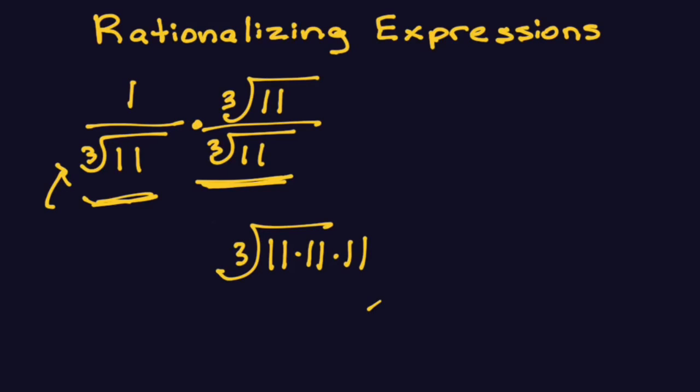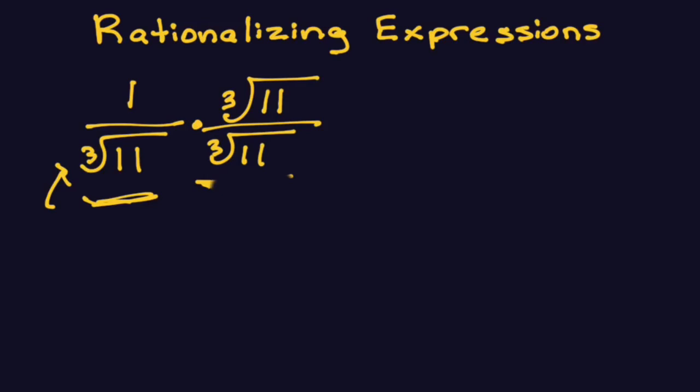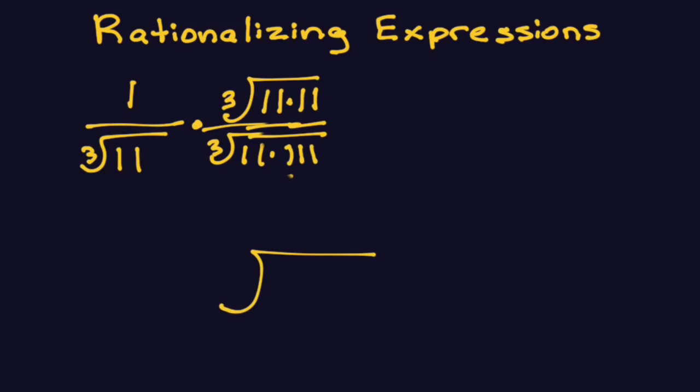So what we can actually do to make the problem a bit faster is that we would multiply the 1 over the cube root of 11 by the cube root of 11 times 11, which is still 1. And that way we get that trio of 11s. Now, if you had a fourth root of 11, we'd need 4 11s, right?